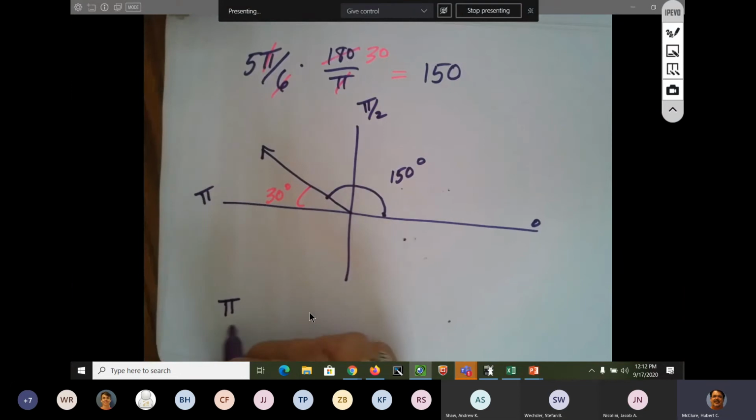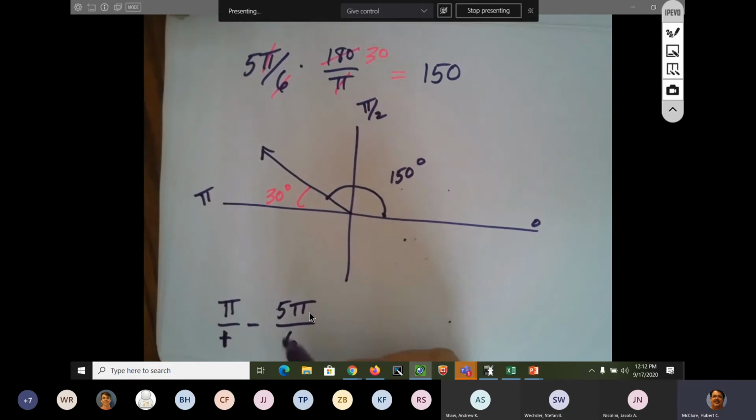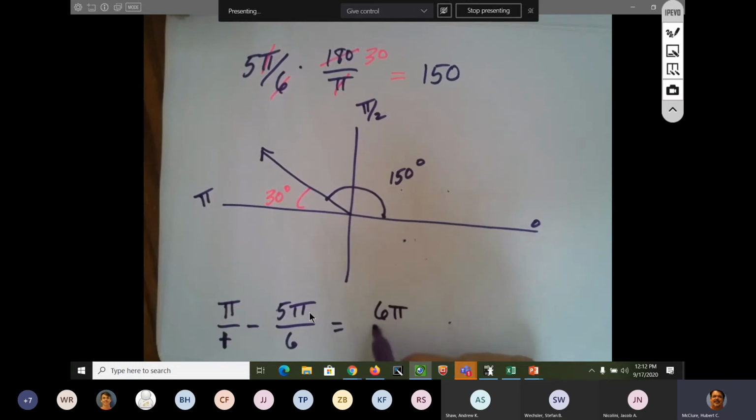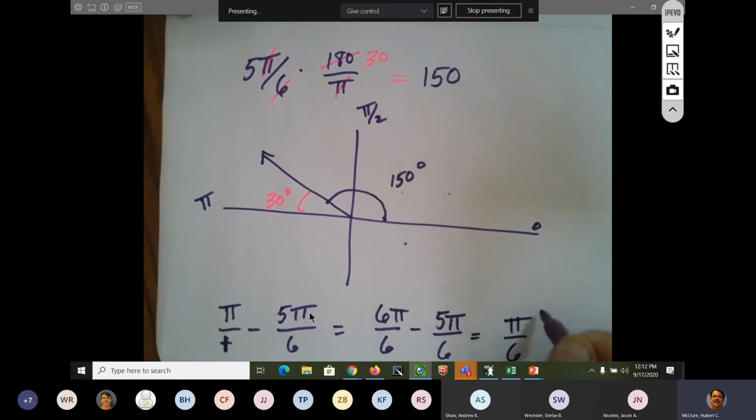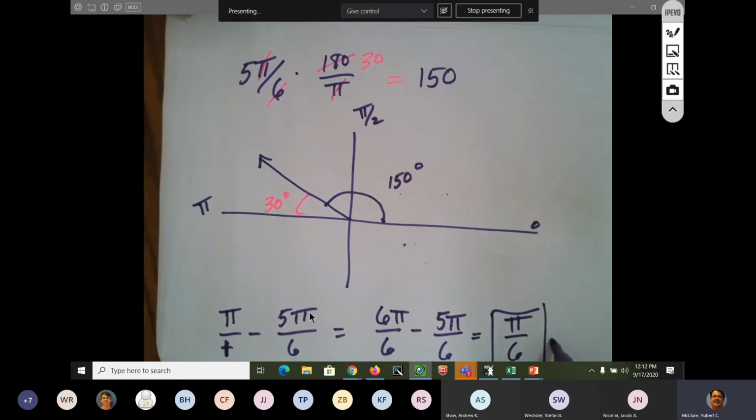Pi is 1, minus 5 pi over 6. I have to get a common denominator of 6. That'll be 6 pi over 6 minus 5 pi over 6, which is equal to pi over 6. So your answer is either pi over 6 or 30 degrees.